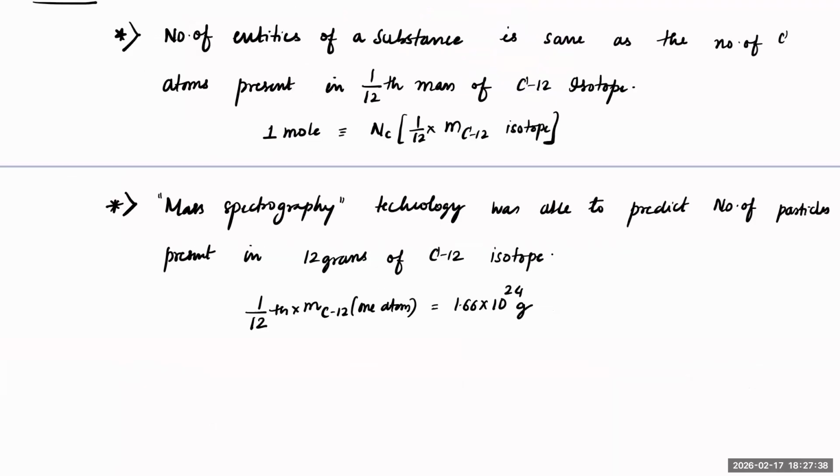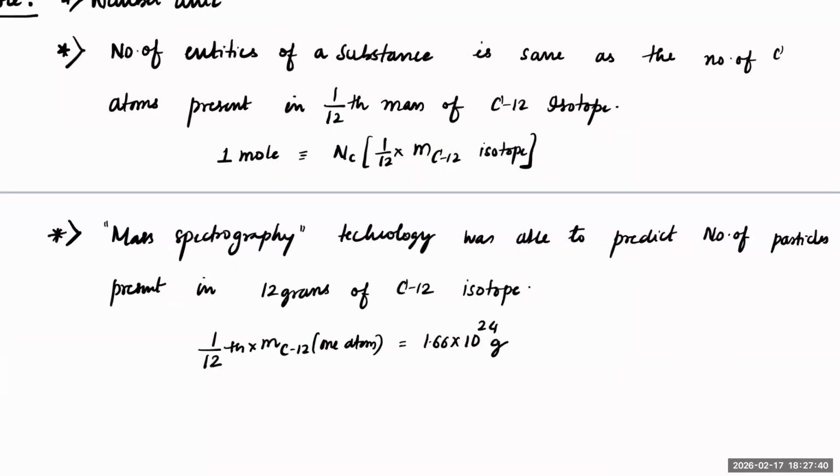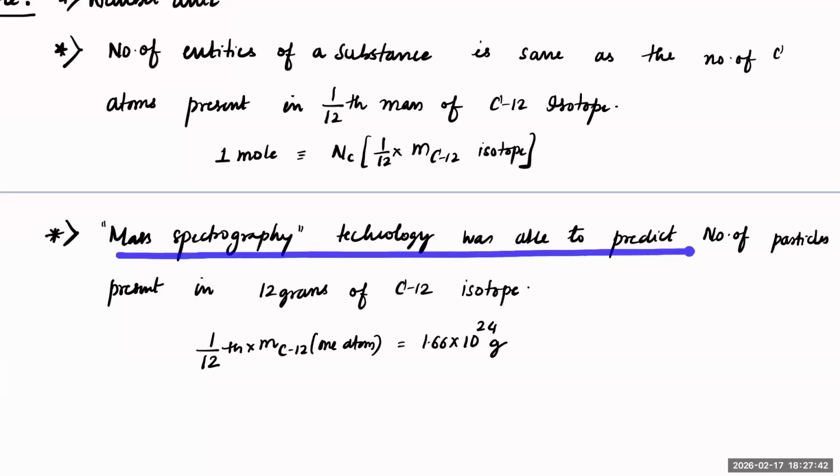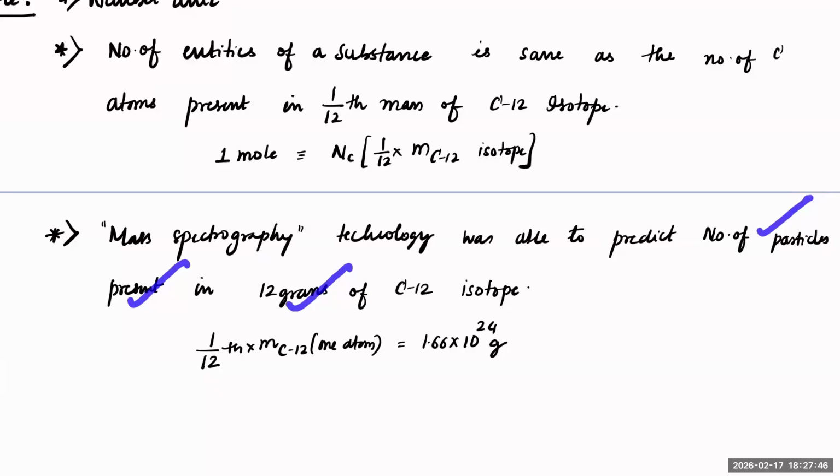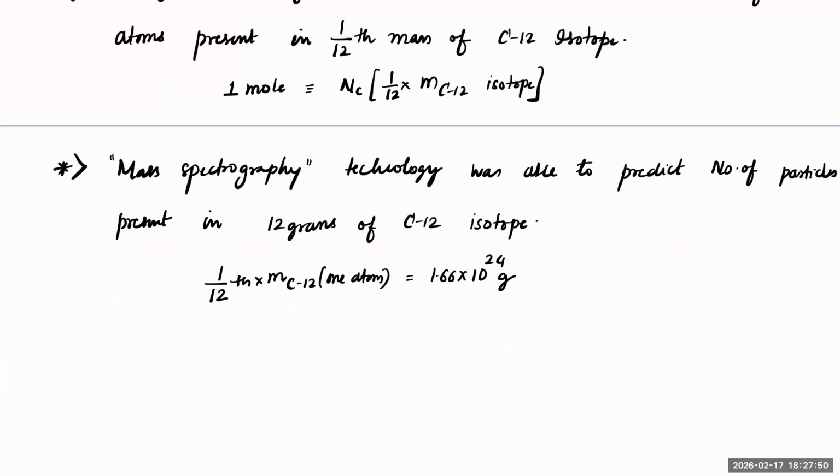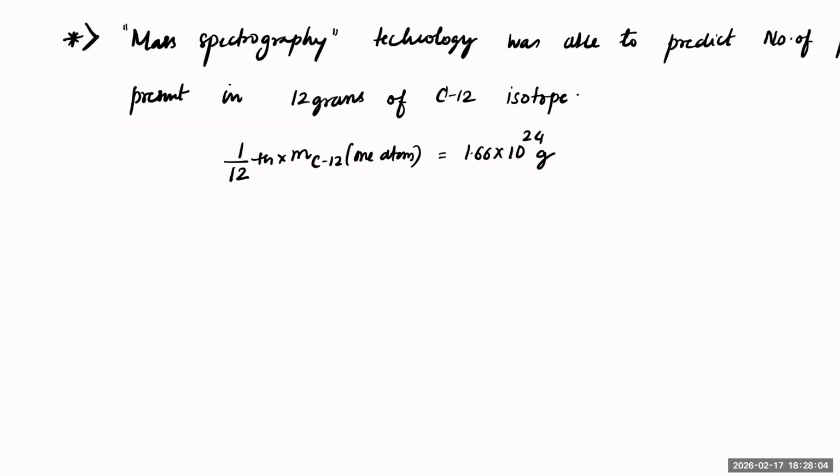And notice, using mass spectrography technology, we are able to predict how many particles are present in 12 grams of carbon-12 isotope. And it suggests that 1/12 of the mass of carbon-12, if you notice, is this much amount of mass: 1.66 into 10 raised to the power of minus 24 grams. Got it?